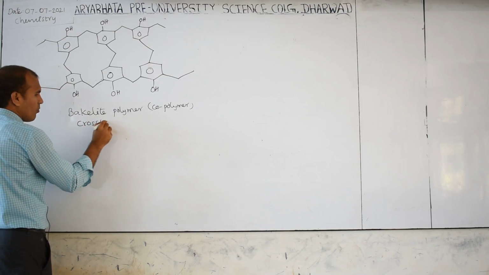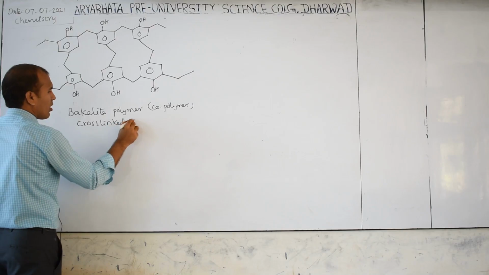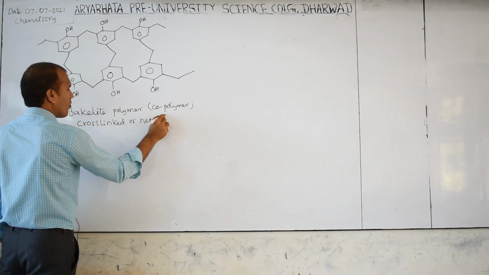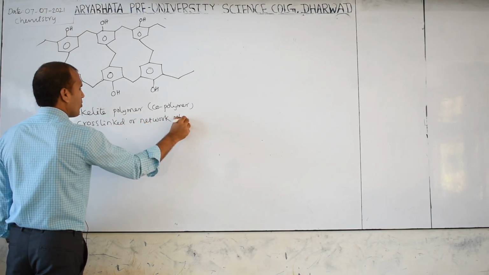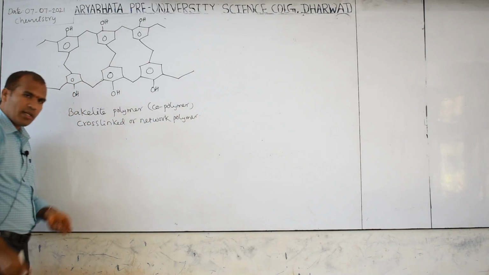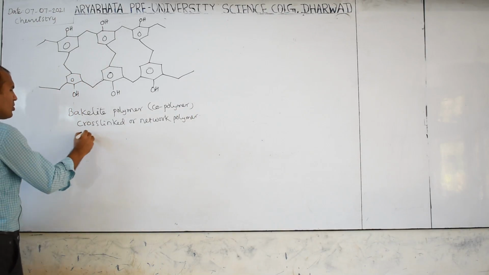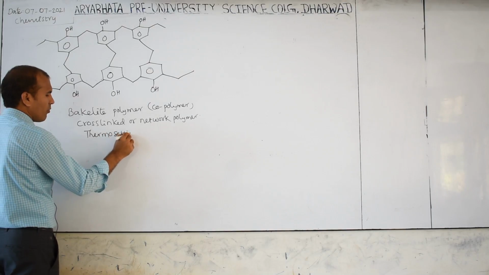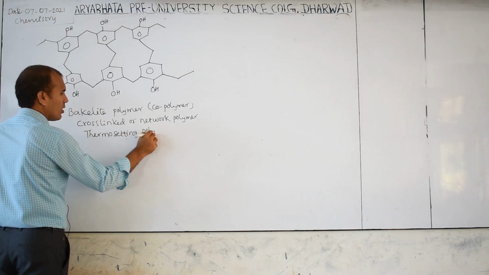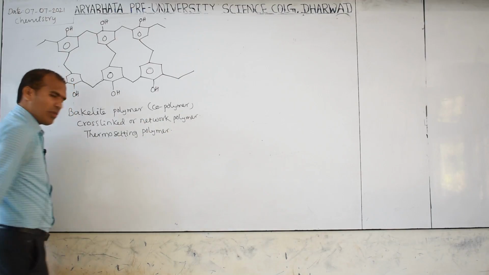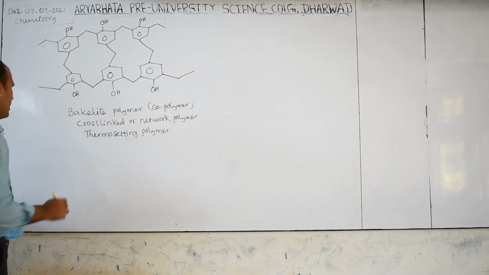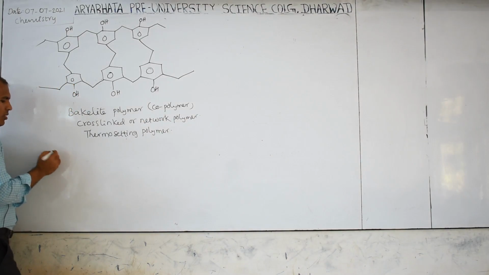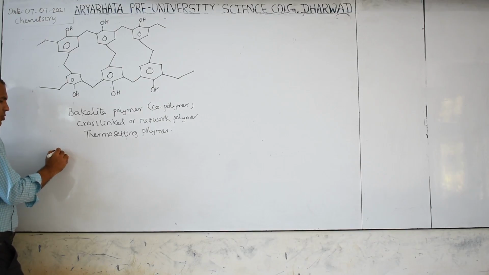A cross-linked or network polymer, and also a thermosetting polymer. Already these are examples I gave previously. So next one, uses. First, bakelite is an infusible solid substance.